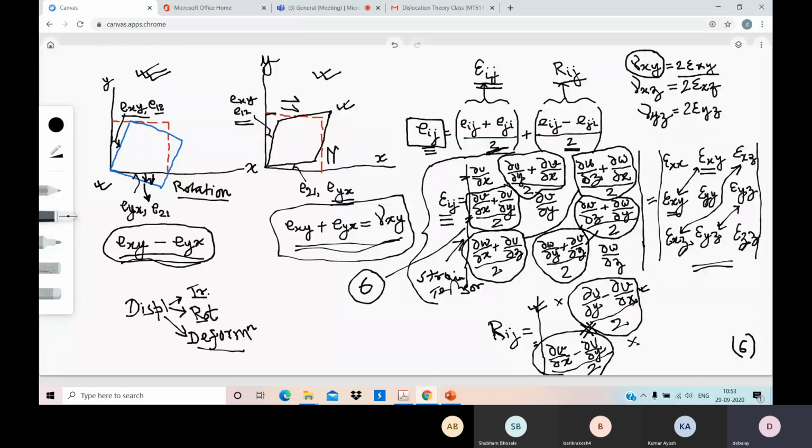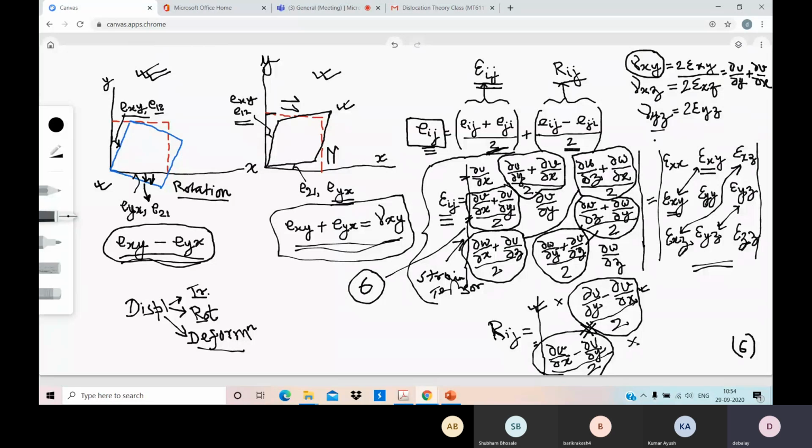So gamma term means you just need to remove the term 2 from the displacement term. So gamma xy, that means del u del y plus del v del x. Similarly, gamma xz is del u del z plus del w del x.